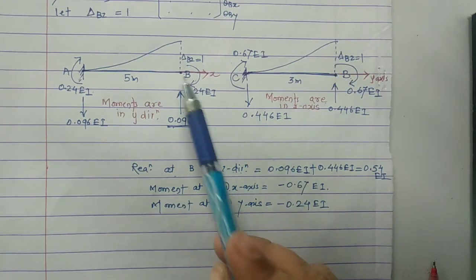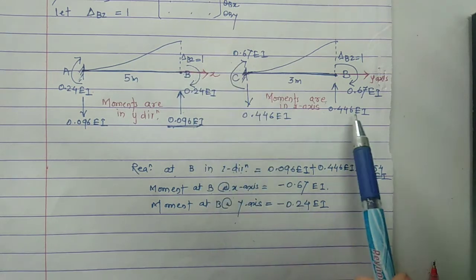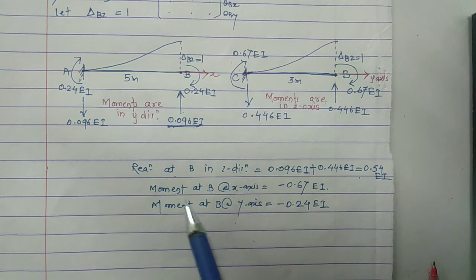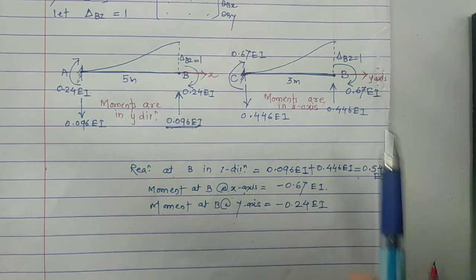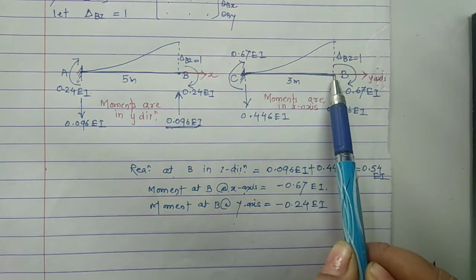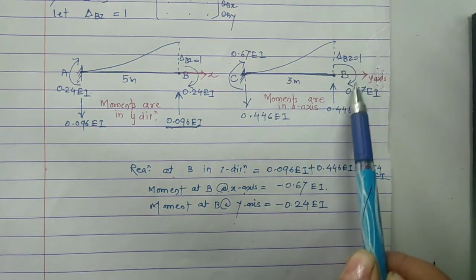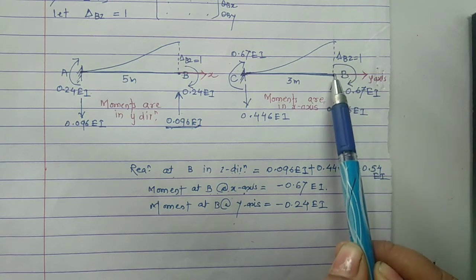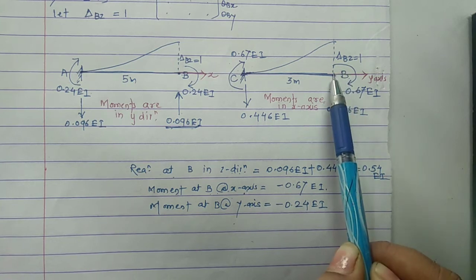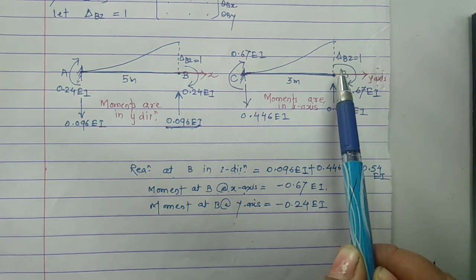Reaction at B point in Z direction, that is here the addition of these 2 reactions. Second point, moment at B about x-axis. So about x-axis moments are there for CB member. So at B point we want only that moment, because all 3 degrees of freedom are at B point. So every time you have to look for reaction at B, moment at B in x-axis, moment at B in y-axis.